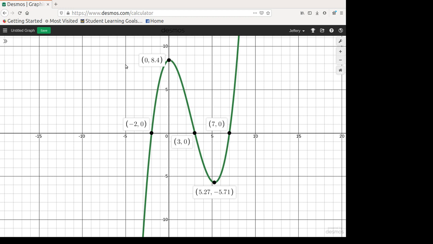And this has the form of all odd powers. All odd powers with a positive coefficient start at negative infinity, and as x increases, they go towards positive infinity. So because of that, they have to cross the x-axis somewhere.